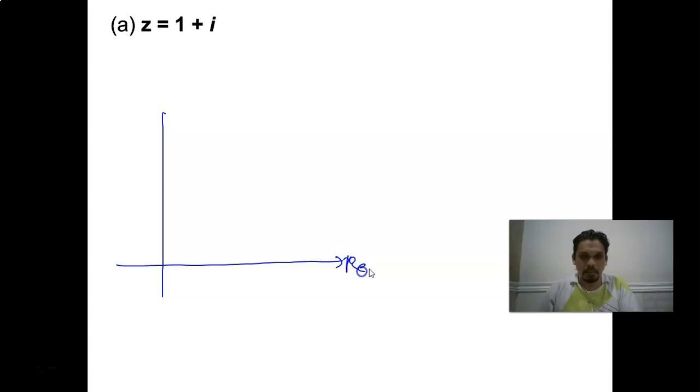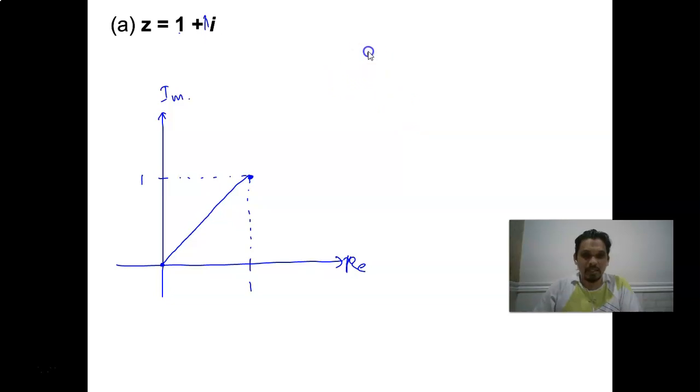Okay. Real part and imaginary part. So the coordinate is 1 and 1i. 1 plus 1i. Okay. So with 1 and 1, from the origin point to the point of 1 and 1.